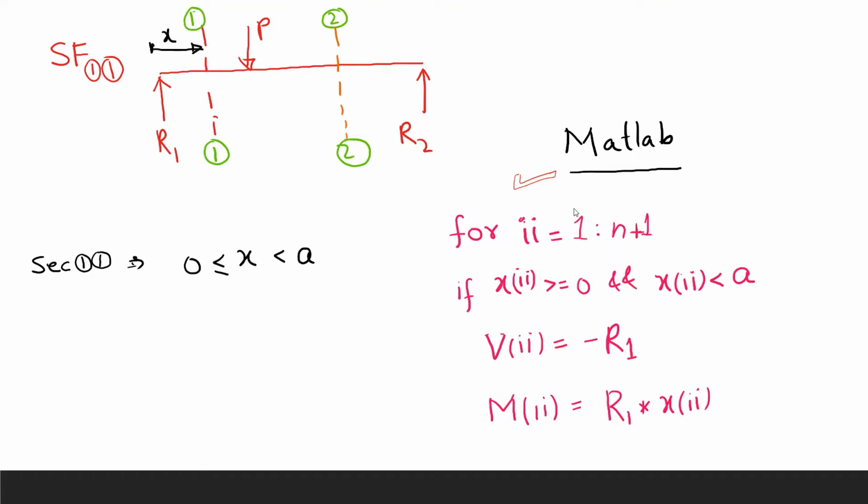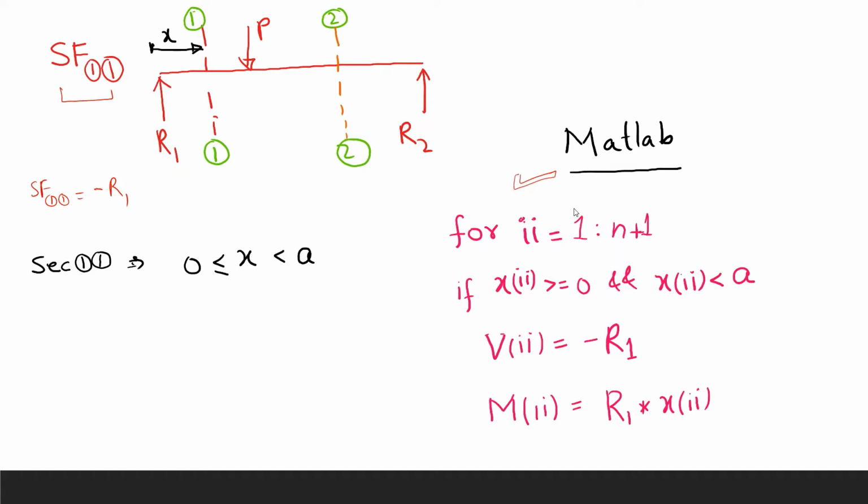In the analytical solution, when we are solving by hand, what we do is write the shear force at any section, which is nothing but the sum of all the transverse forces along the left hand or right hand side of the section. So we are considering the left hand side for our ease, so it is R1, and we give the sign convention that we have chosen. Left side negative, so we will just put it negative.